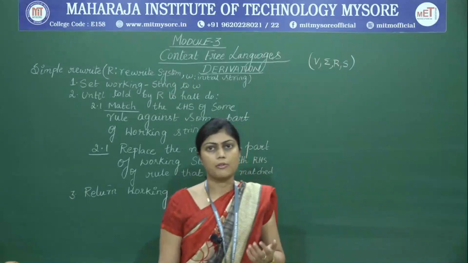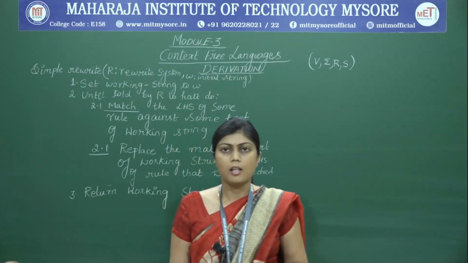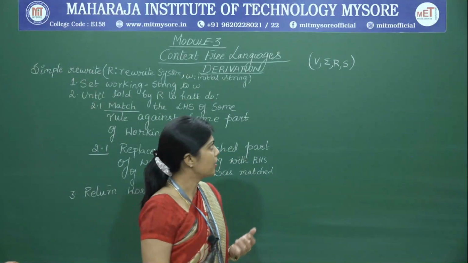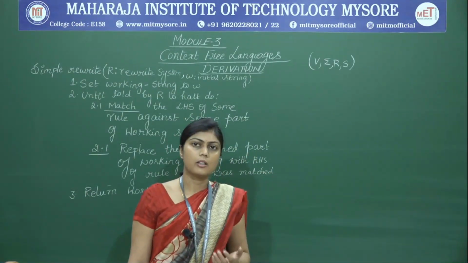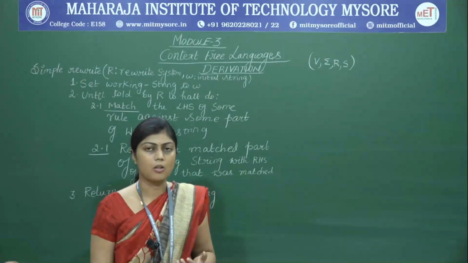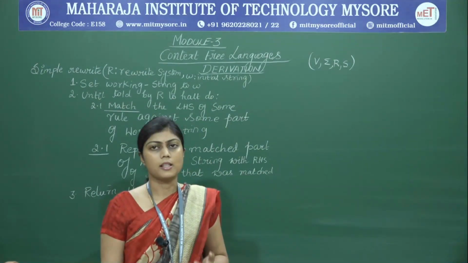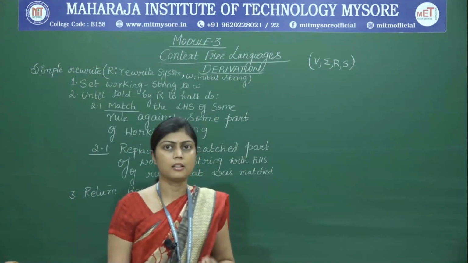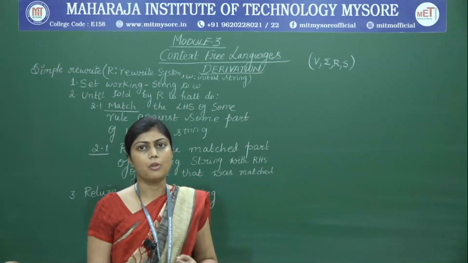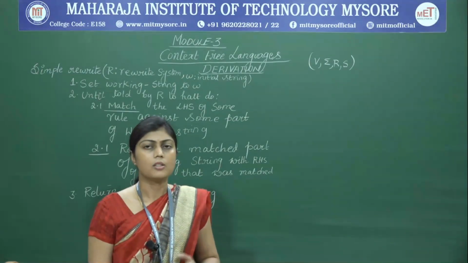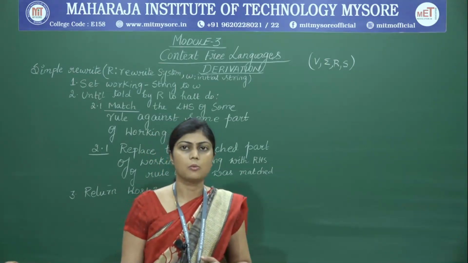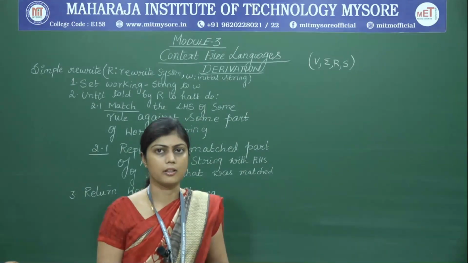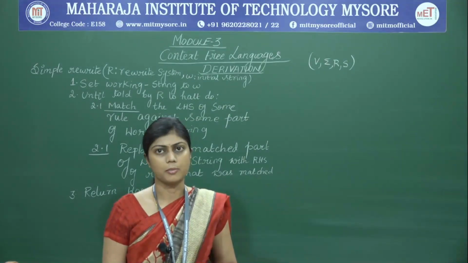Unlike the regular grammars that we have seen in the previous module, the context-free grammars are more flexible. In the regular grammars, only three things were allowed on the right hand side: an epsilon, a single terminal, and a terminal followed by a single non-terminal. Nothing else was allowed on the right hand side. The left hand side of a regular grammar would always be a non-terminal.